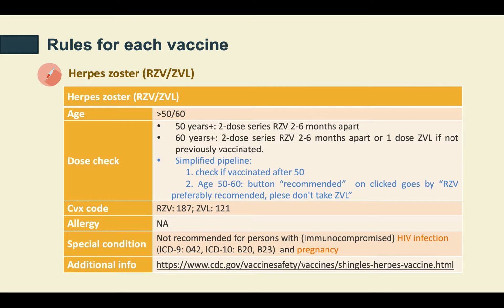But for a 50 to 60 year old patient, the text of the recommended button will be changed, and we will alert this patient that he or she shouldn't take the ZVL. And we will also check HIV infection and pregnancy here.